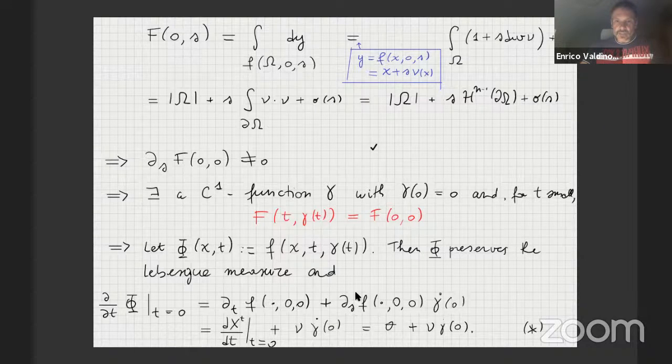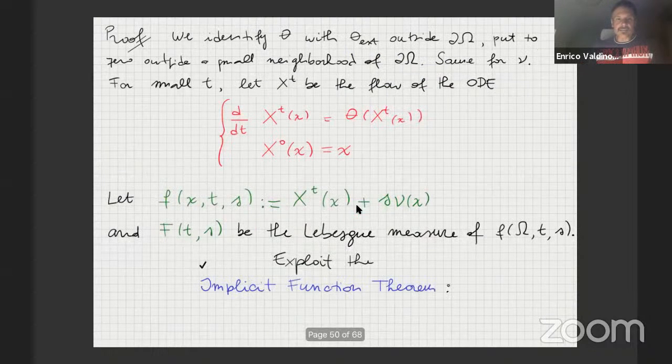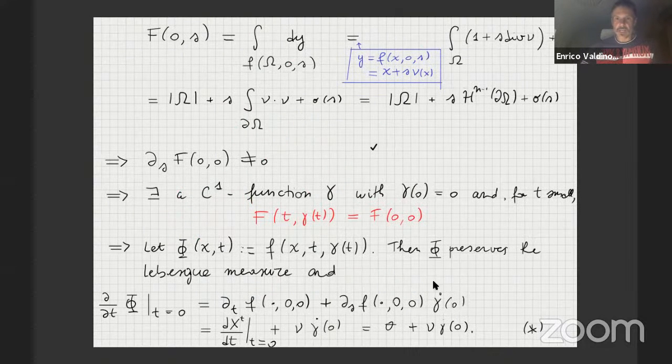Then you have your derivatives in s at time 0. So the derivative in s will be precisely nu, because at time 0, this is x plus s nu. If you take the derivative in s, you will get nu. Okay? And so here you have gamma dot of 0.